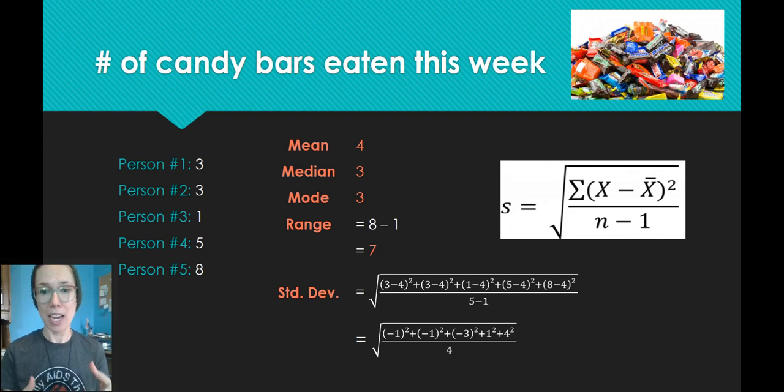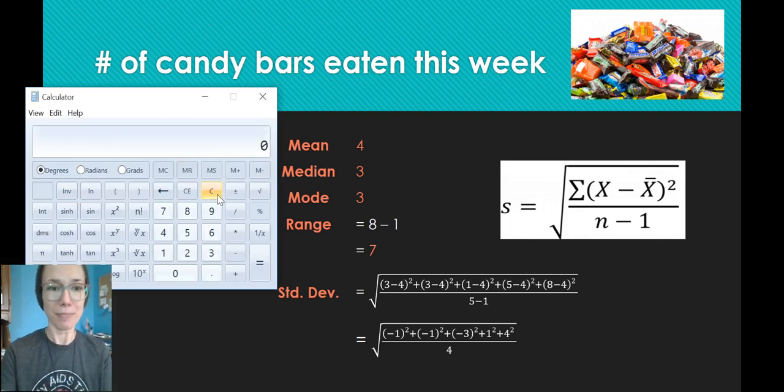The tricky thing about standard deviation is that sometimes we do end up with negative numbers. However, what happens when you take a negative number times a negative number? Do you know? Let's pull up a calculator. So if I had -1 times -1, it turns into a +1.